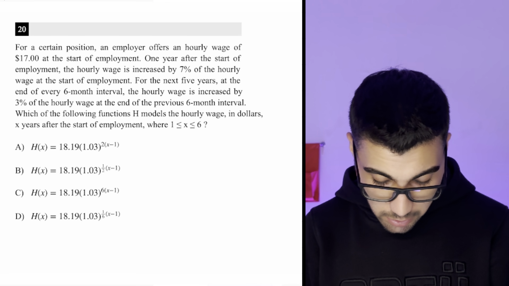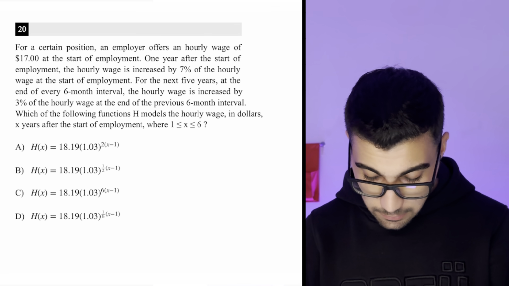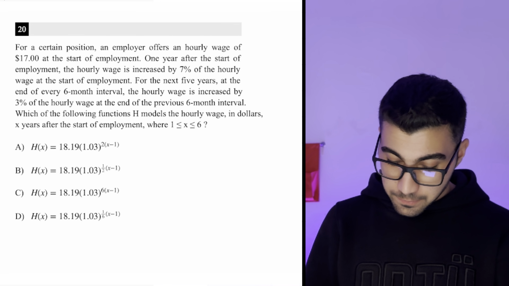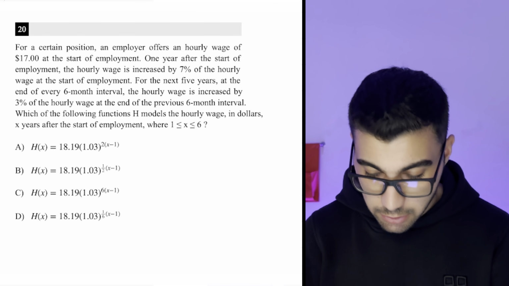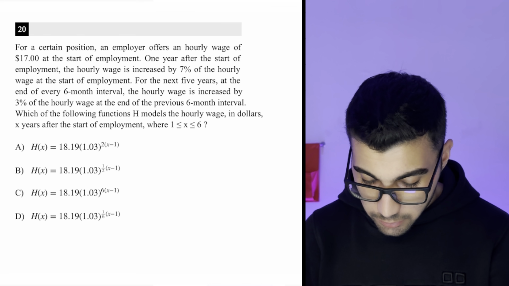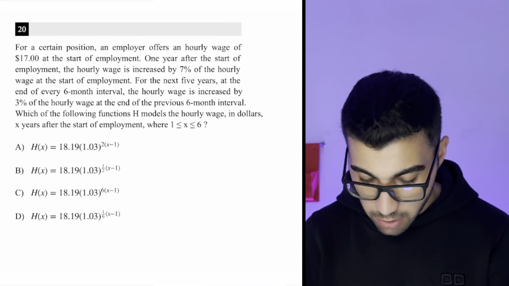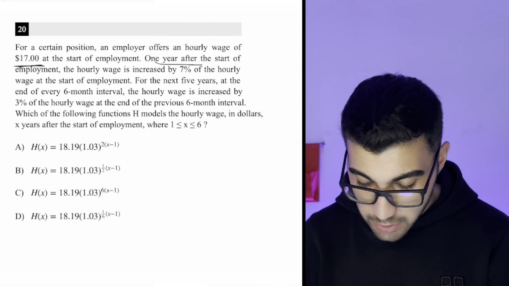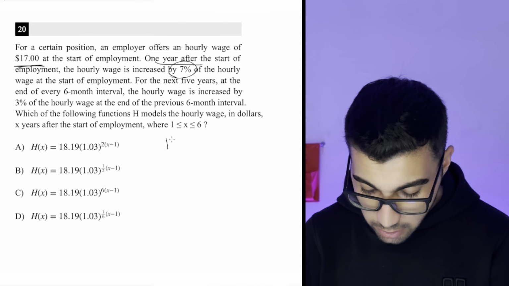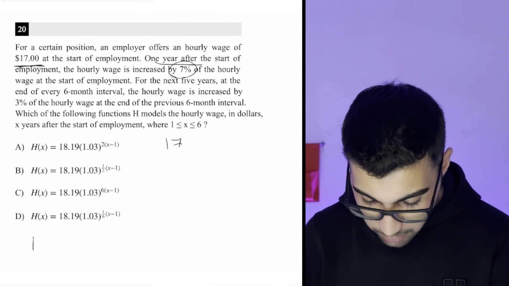It's a very tricky question and very important question. Let me just explain the question from the very beginning. For a certain position, an employer offers an hourly wage of $17 at the start of employment. 1 year after that, this wage increases by 7%. So $17 here is like our starting point.